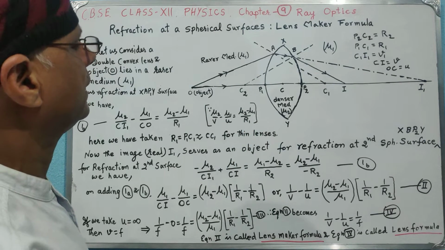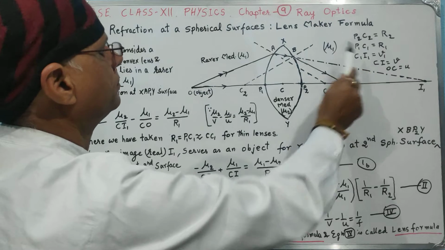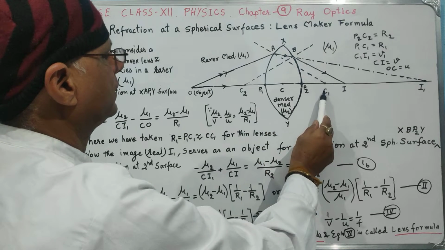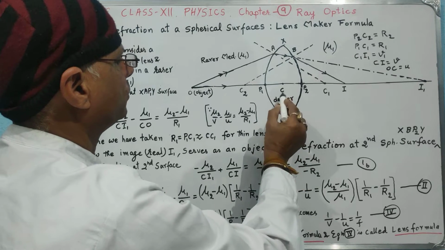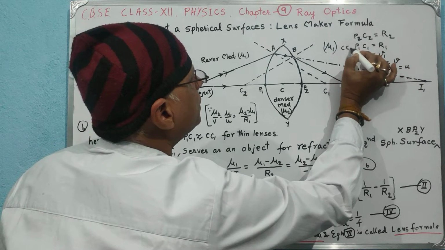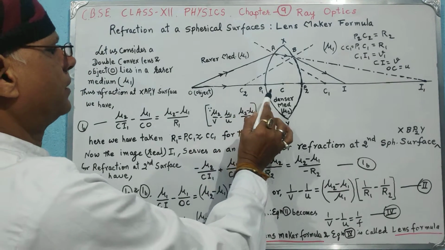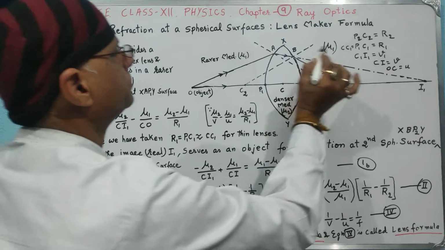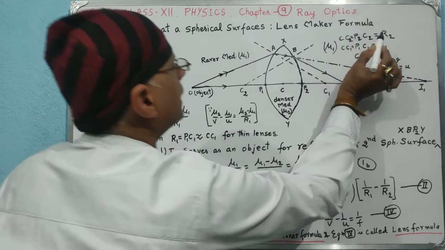P1C1 is the radius of curvature of this surface, and that is approximated to be equal to CC1, and similarly we have approximated P2C2 to be equal to CC2, and that is taken as R2.